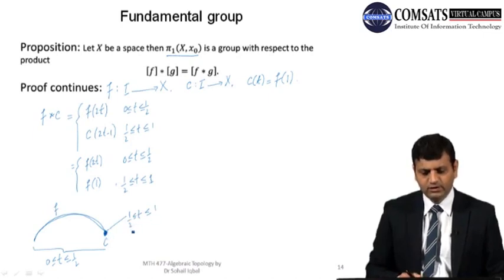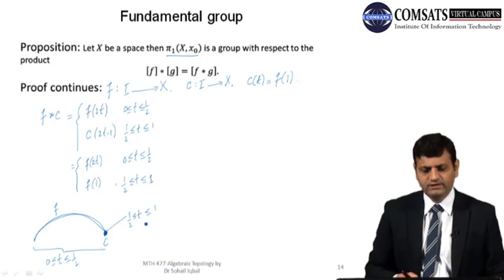For this whole half interval I'm at this point. So basically it is the same path, and this final point is repeated, so eventually I'm getting the same path. In other words, f star c is a reparameterization of the function f, because I'm getting the same path but in a different way.